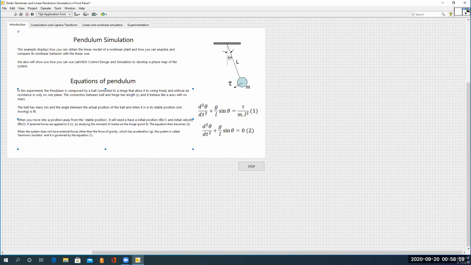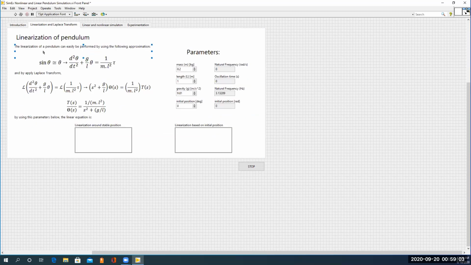We call it linearization. We can approximate sine theta by theta. Then the equation of motion becomes a linear equation. Then we can apply Laplace transform to get a transfer function.